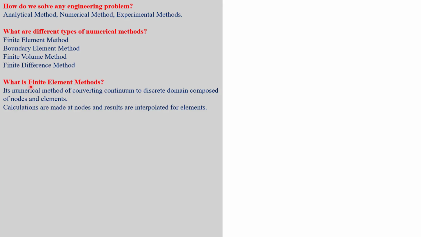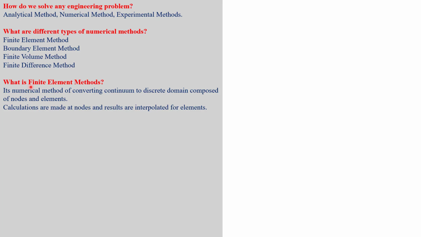What it exactly does is, let's say we have a continuum, the numerical method will convert that continuum into a discrete domain which is composed of nodes and elements. We know about nodes and elements. If you are a fresher or new to CAE, I'm going to explain it later on: what nodes are, what elements are, what shape functions are, and how they help us tackle numerical problems.